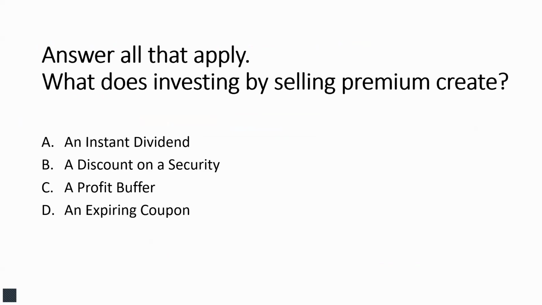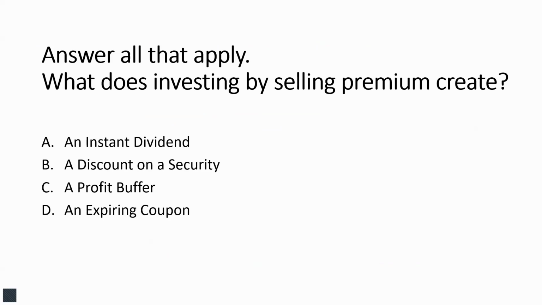So let me just do a little review here. We're selling option premium. What does selling that option premium create? And notice I ask you to answer all that apply. Does it create an instant dividend? Does it create a discount on a security? Does it create a profit buffer?